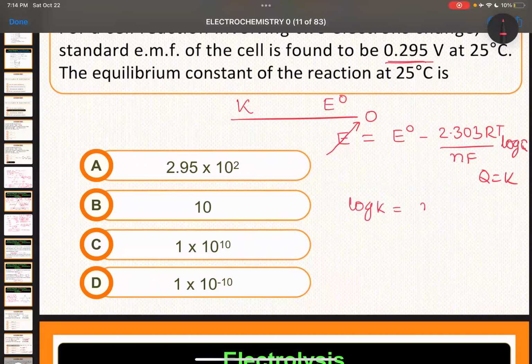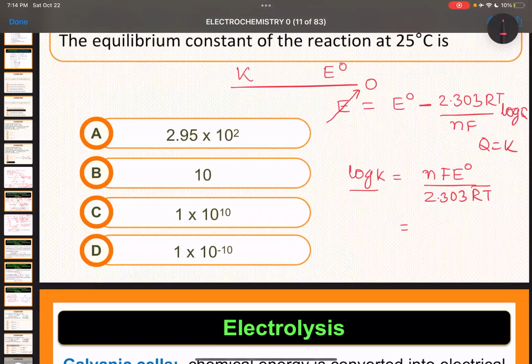It equals nFE naught over 2.303 RT. The minus is going to get cancelled because it comes to the left hand side. That's going to be the value of log K. Is it clear?